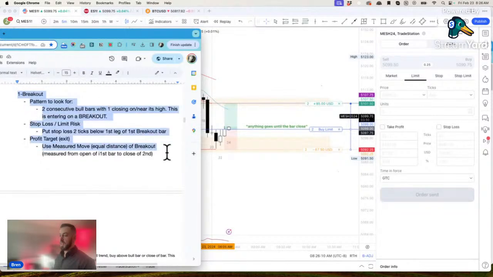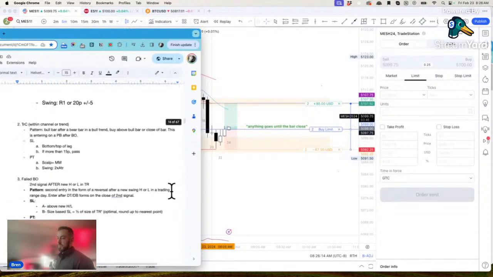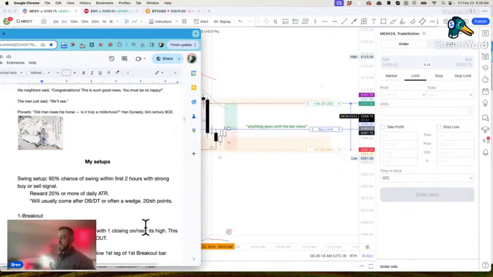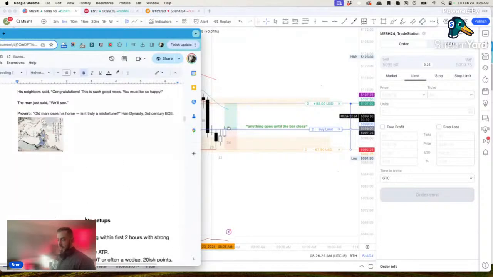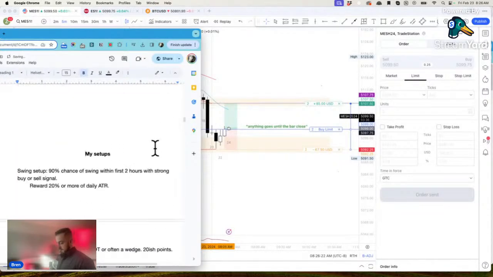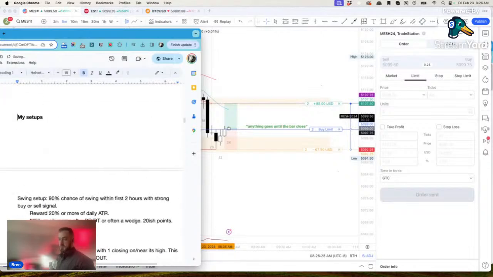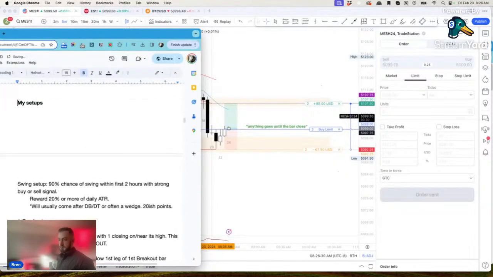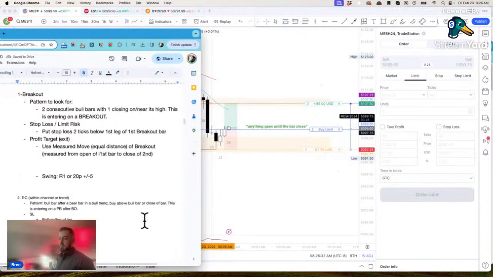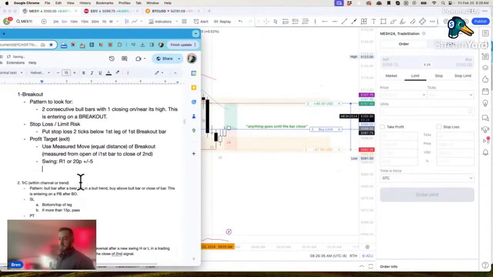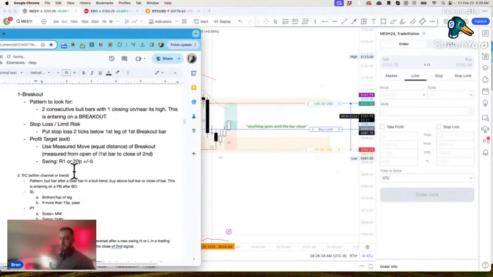This is the main thing I look for. Or this, or this. Make it easier to see. There you go. TRC means trend continuation.